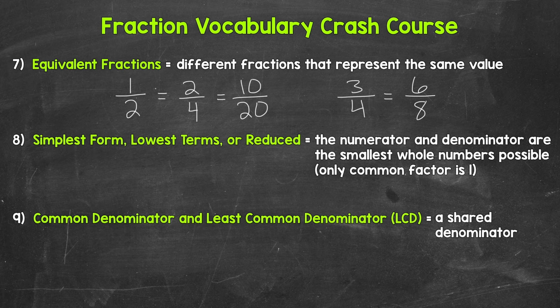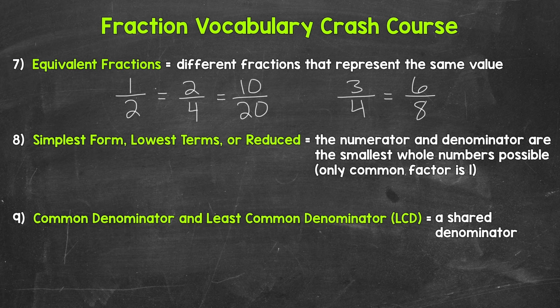Now basically, when we simplify, put a fraction in lowest terms, or reduce a fraction, we rewrite that fraction as an equivalent fraction where the numerator and denominator are the smallest whole numbers possible. The only common factor between the numerator and denominator is 1, so we cannot break the fraction down any further.